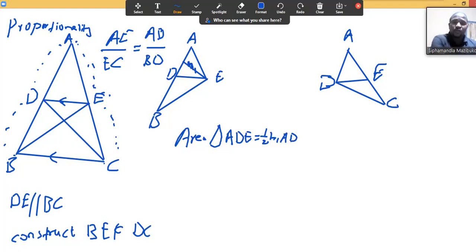Also, let's say we're looking at the area of the triangle DBE. Our height will be outside the angle, which will be the same as H1.